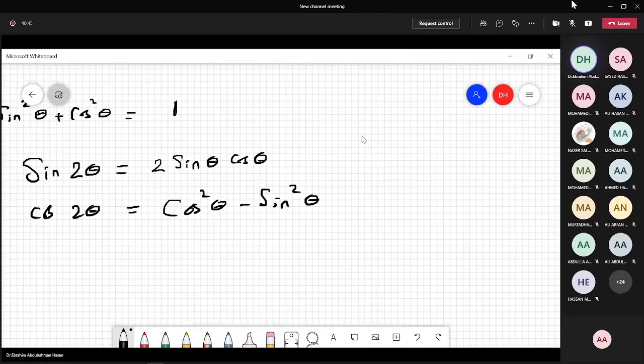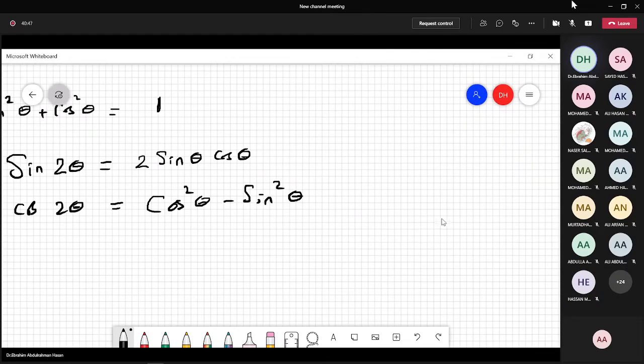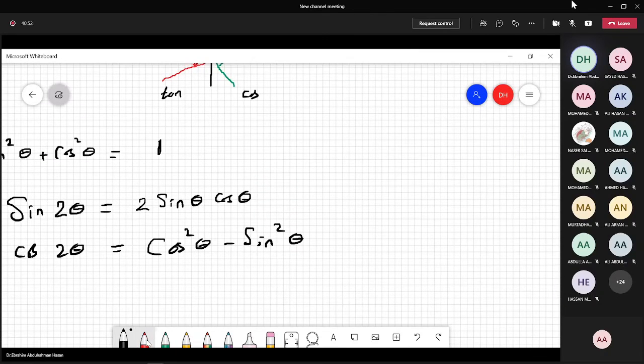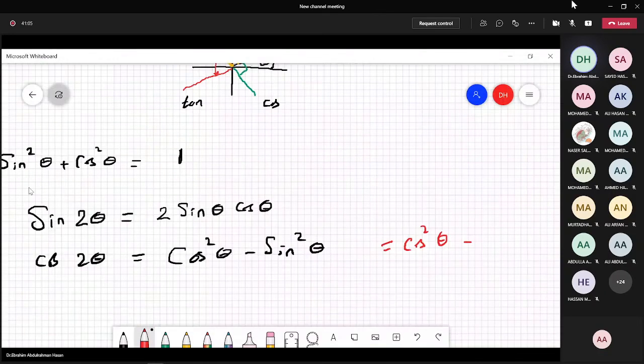Okay, هذه 1. لكن you can do this. So then it is equal to also cosine square theta minus sine square. From here, it is equal to 1 minus cosine square theta. So then it is equal to 2 cosine square theta minus 1.